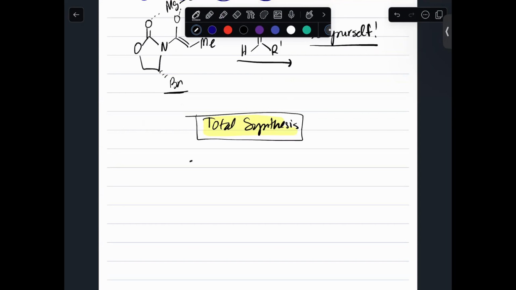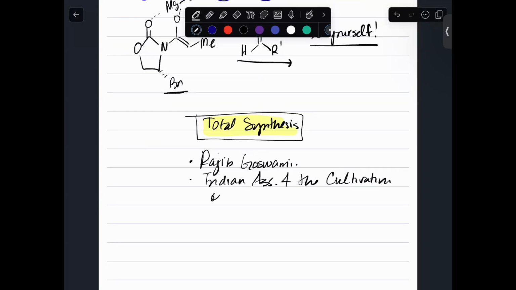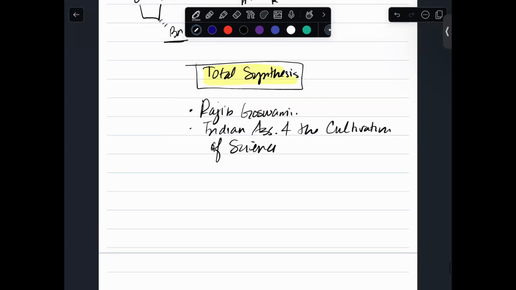It's by Ashib Goswami from the Indian Association for the Cultivation of Science in India. And it's the total synthesis of cytospolite Q.